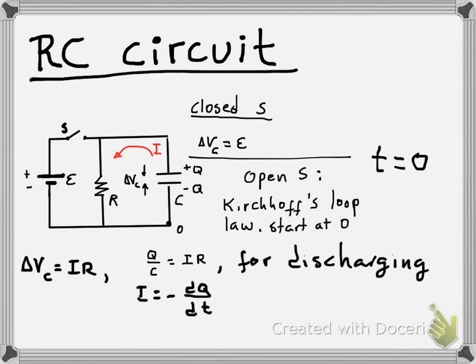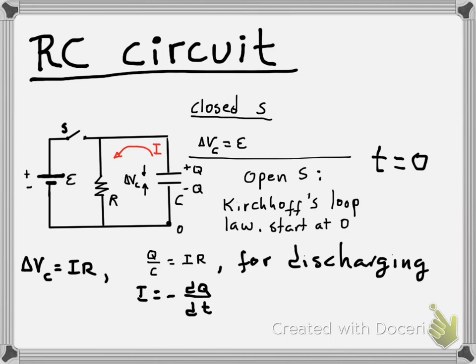Now, one more thing to do to solve this equation and find out how the charge in the capacitor changes with time is to notice that since the capacitor is discharging, the current, as we indicated there, comes out of the positive plate of the capacitor. If we say that current is positive, given that the capacitor is discharging, dQ/dt is negative, the charge is going down.